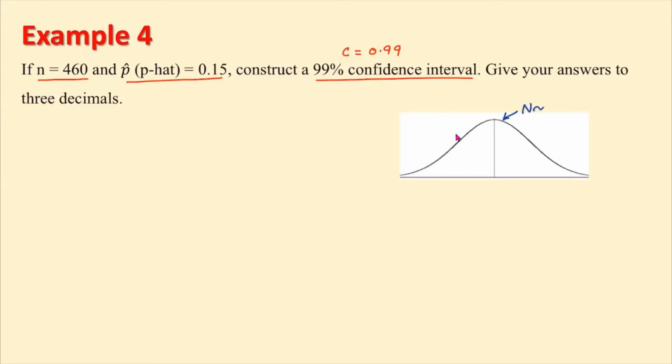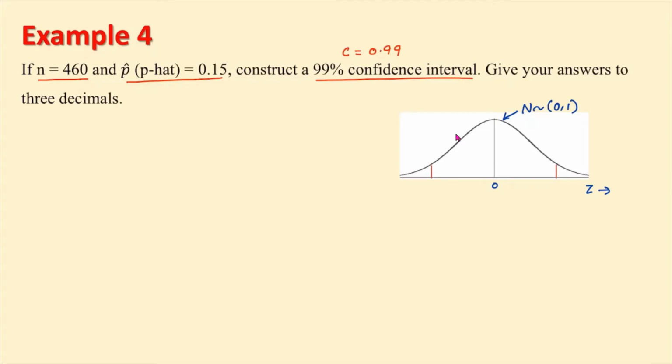Let's say that is our standard normal distribution with mean 0 and standard deviation 1, with Z values along the x-axis. In the middle, we have 0. Now we want 99% area in the middle, because we are looking for the 99% confidence level.